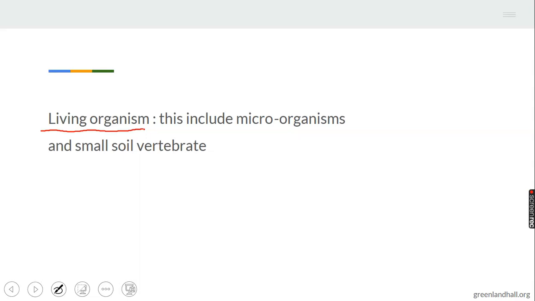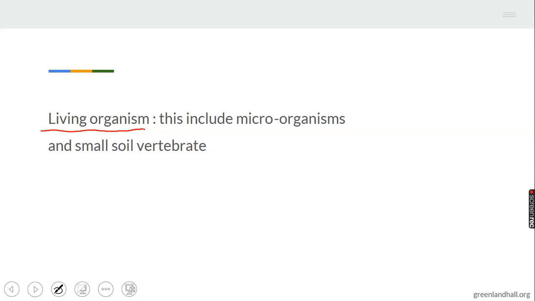Some are beneficial while others are harmful to crops and livestock. The most commonly found groups of soil organisms include bacteria, fungi, viruses, nematodes, and insects like termites and ants. These are the microorganisms found in the soil.